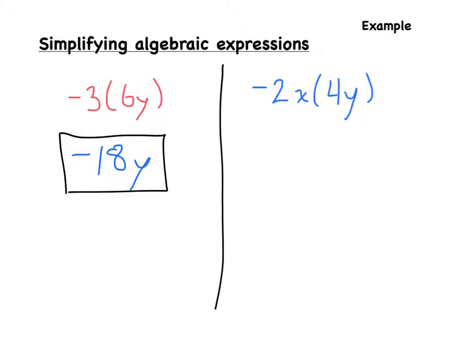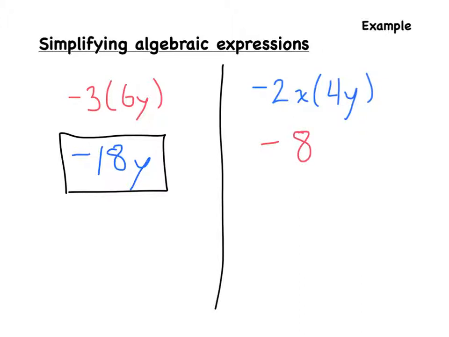Now let's look over to the next one. If we have a negative 2x times 4y, we would multiply our numbers. So negative 2 times a positive 4, a negative times a positive is always going to be a negative, so negative 2 times 4 is 8.